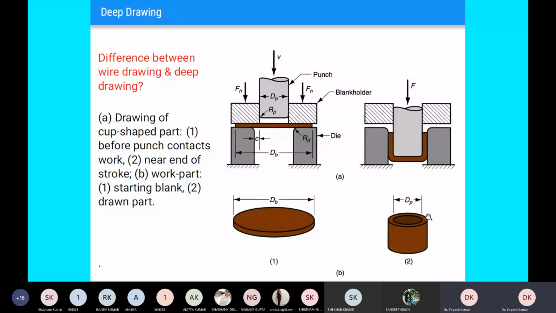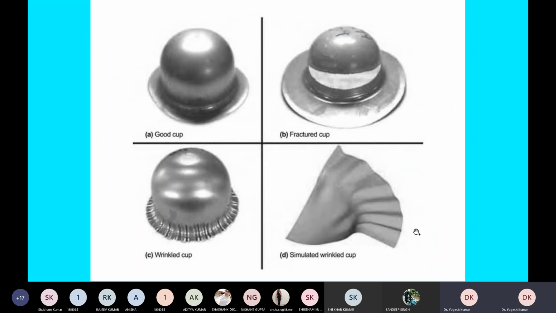Okay, so the final shape comes something like this in the case of the deep drawing process. Okay, so here I have taken one example of cup drawing. Here you can see a good cup that has been formed using the deep drawing process.